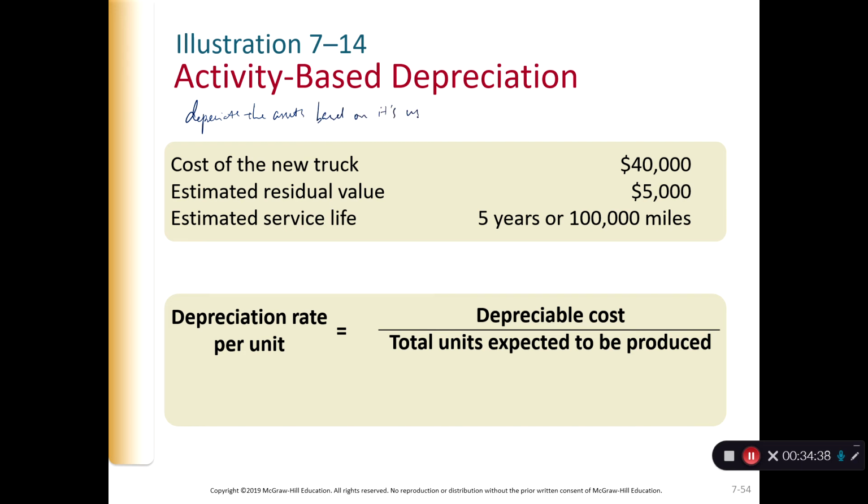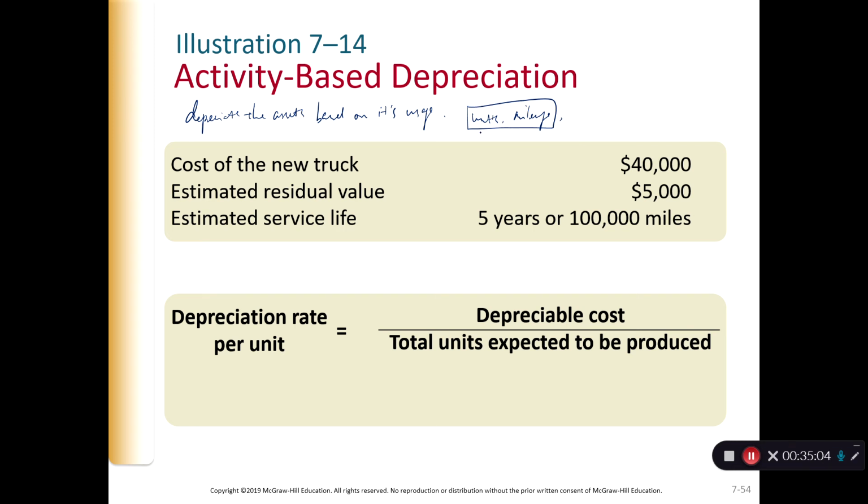Like, how much did you use it? So for example, we could measure the service life of a machine in terms of its output, right? So how many units or mileage this asset can serve us. And this method can be used for machine production or trucks, right?